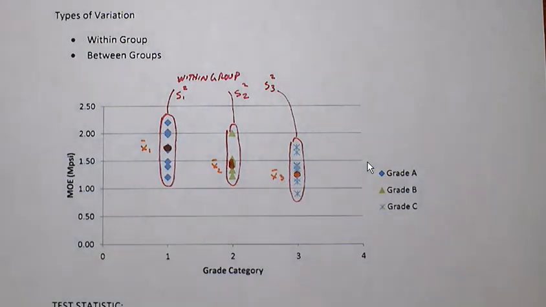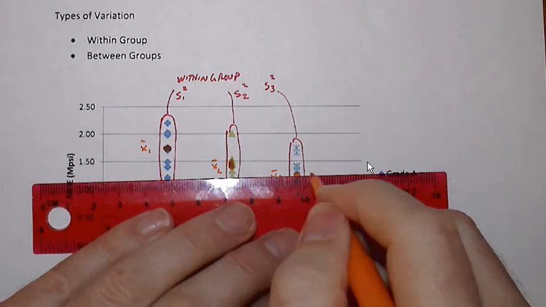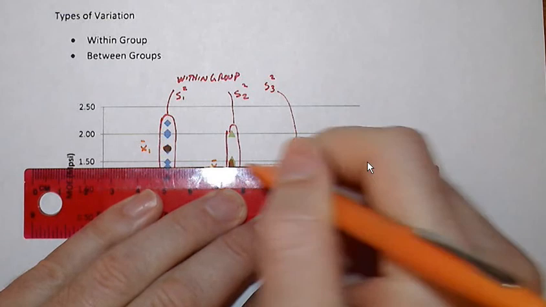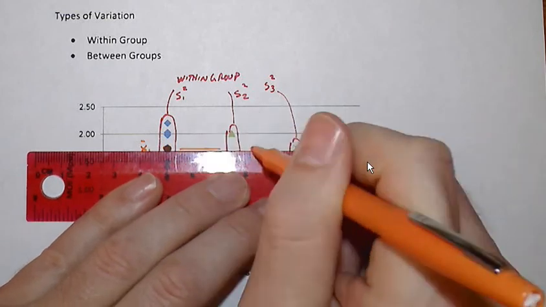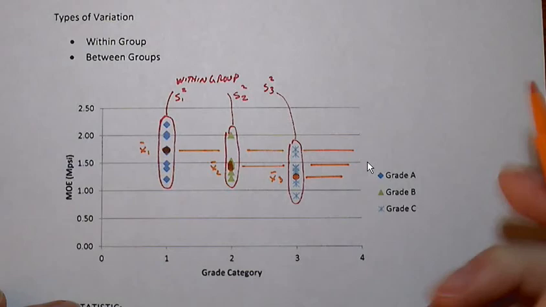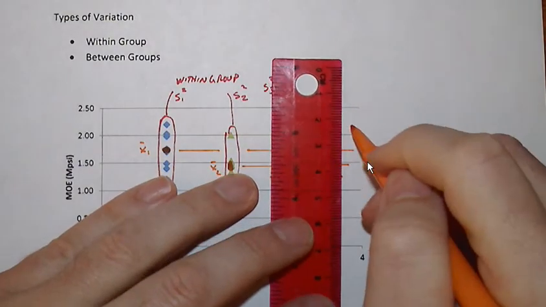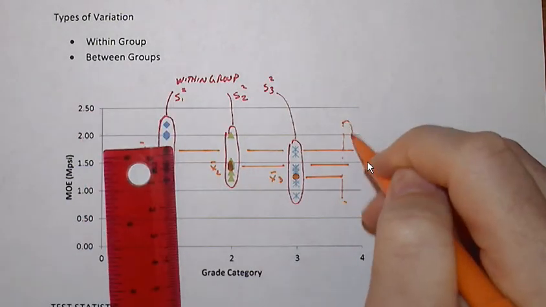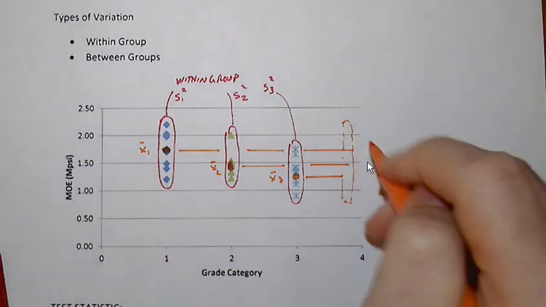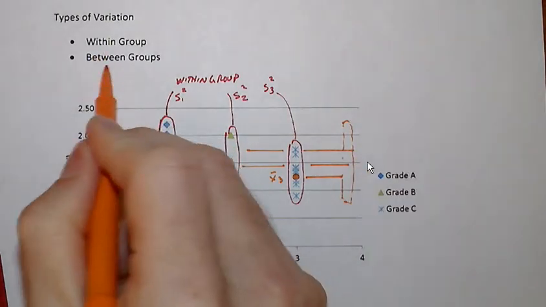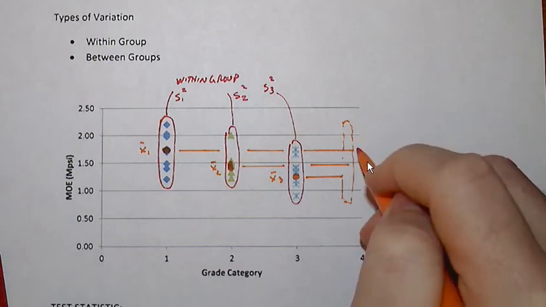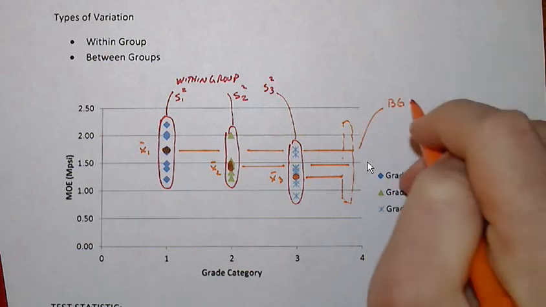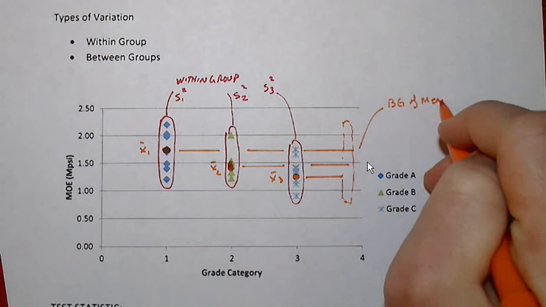If we draw horizontal lines for each of those off to the side, that helps to illustrate our second type of variance. If we were pooling all of the data, you might say, oh, you've got a spread that goes all the way around here. But what we're really after in this between group variation is the variation between the groups of the means, that is, of the sample means of each.